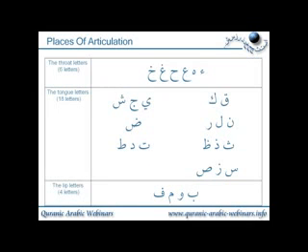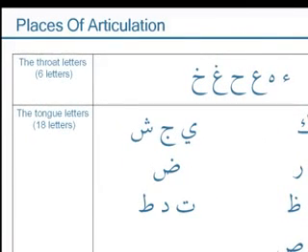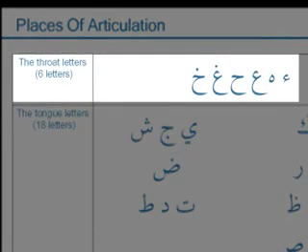So, places of articulation. This is a slide showing the letters all grouped together according to where you pronounce them from in the three major parts of your mouth. You've got the throat letters, which are 6: the hamza, the soft ha, the ain, the forceful ha, the ghain, and the kha.